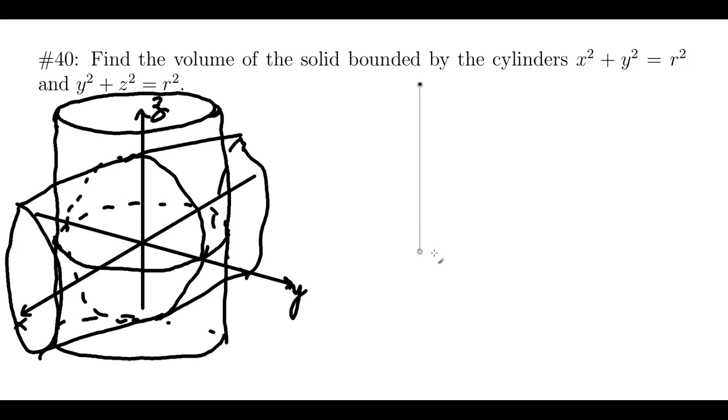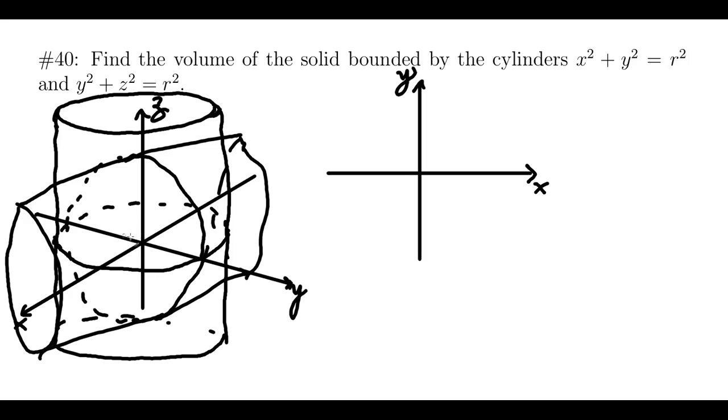One of them is that we can interpret this. The horizontal cylinder, the cylinder centered on the x-axis, gives us an upper and lower surface.